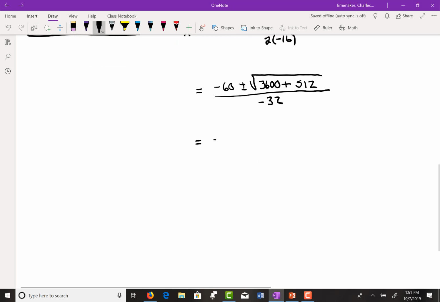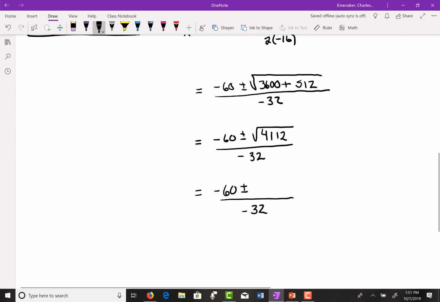Equals a negative 60 plus or minus the square root. This looks like it's going to be about 4112 divided by a negative 32, equals a negative 60 plus or minus something or other over a negative 32.